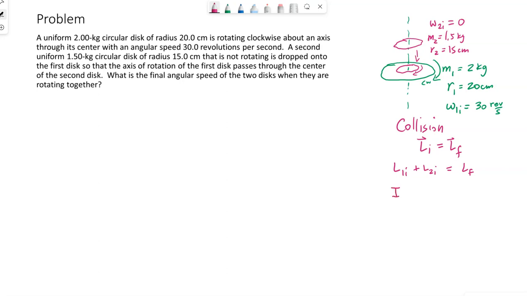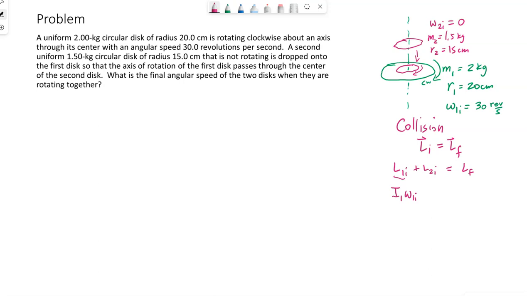So L is I times omega. The I of either disk is not changing individually. The disks individually have their same mass, their same radius. So when I write L1, I'm going to say just I1. It doesn't need to be I1 initial because I is not changing.